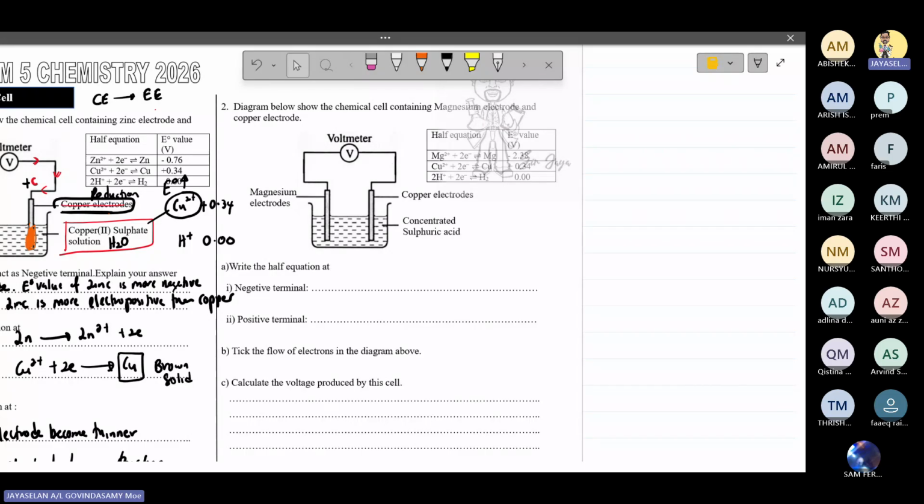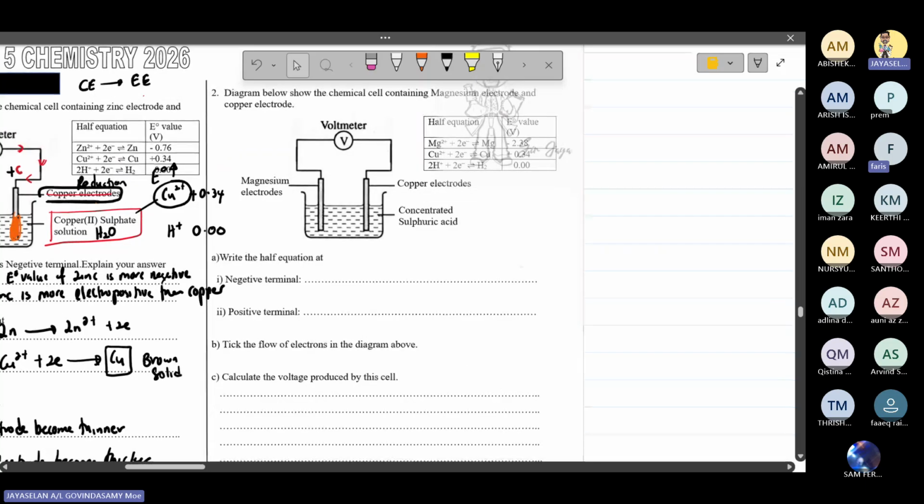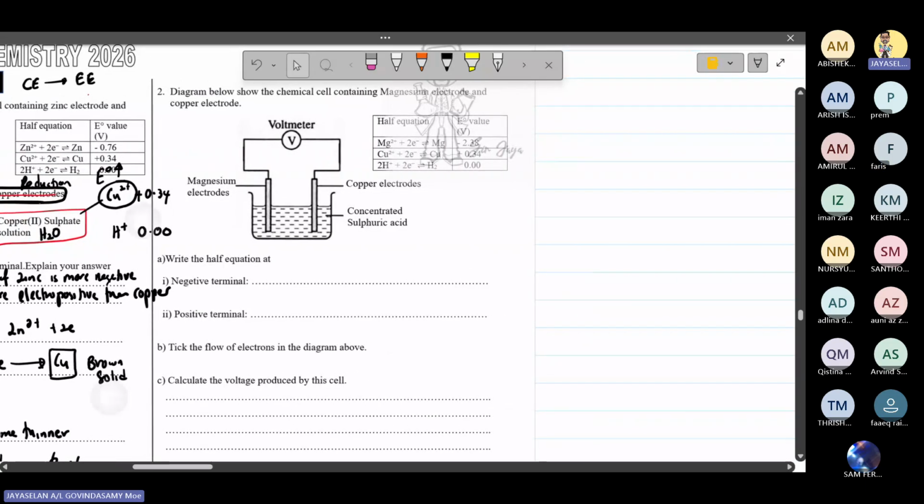Paris, faham tak? Apa yang cikgu ajar? Faham, sir. Okay. Kalau you faham, nanti you bagi jawapan, boleh, eh? Salah tak apa.